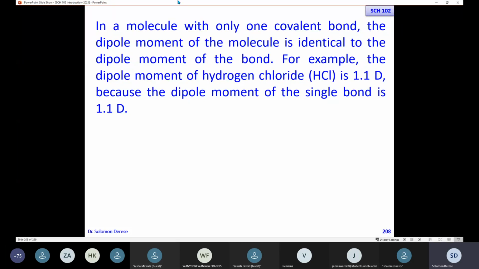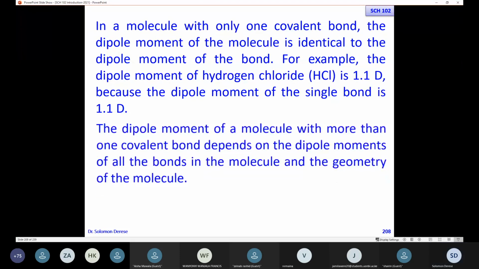For example, the dipole moment of hydrogen chloride, HCl, is 1.1 D, because the dipole moment of the hydrogen-chlorine bond is also 1.1 D. But for a molecule which has more than 1 covalent bond, the dipole moment depends on the dipole moments of all the different bonds taken together, as well as the geometry of the molecule.